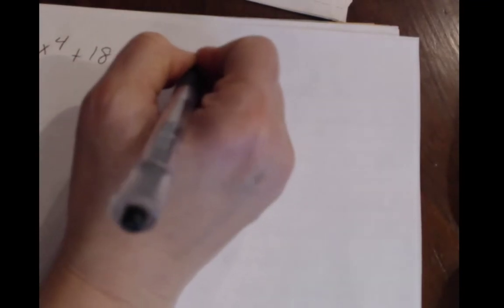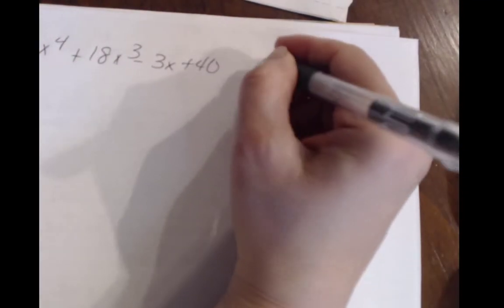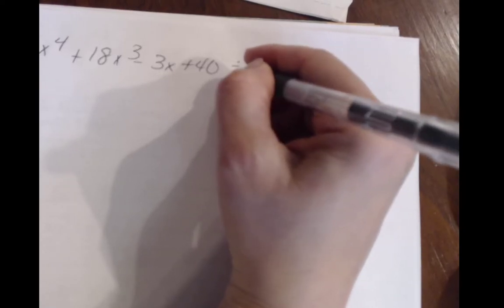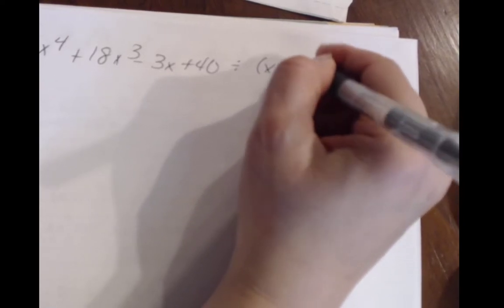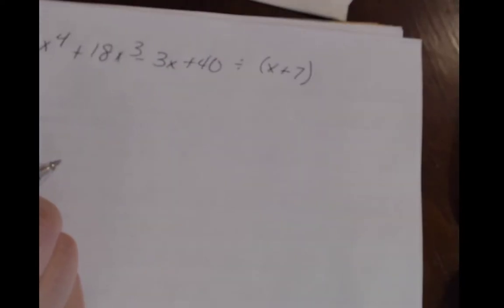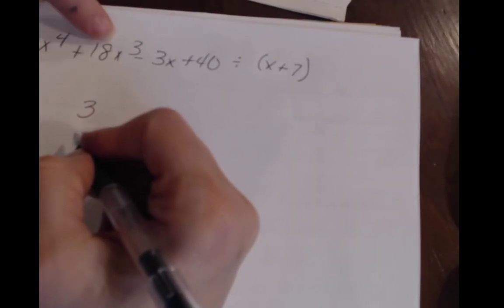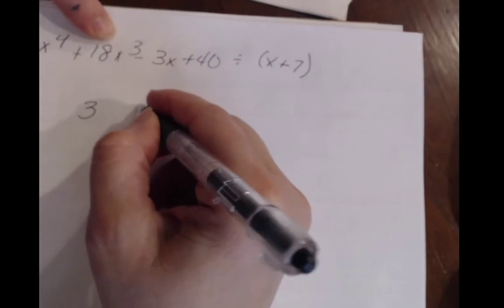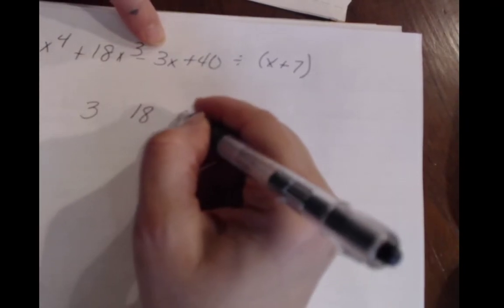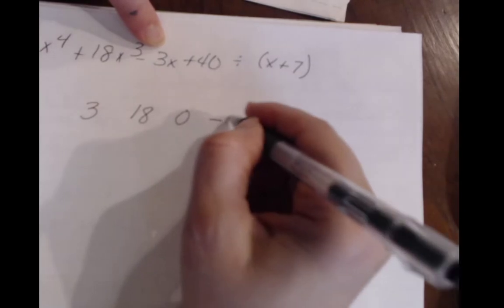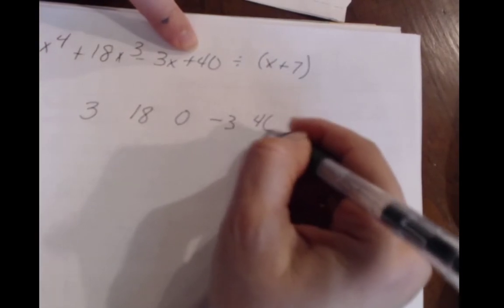Okay, so now let's divide 3x to the 4th plus 18x cubed minus 3x plus 40 by x plus 7. So I'm going to write my coefficients. 3, 18, oh, there's no squared term, I need a 0, negative 3, and 40.